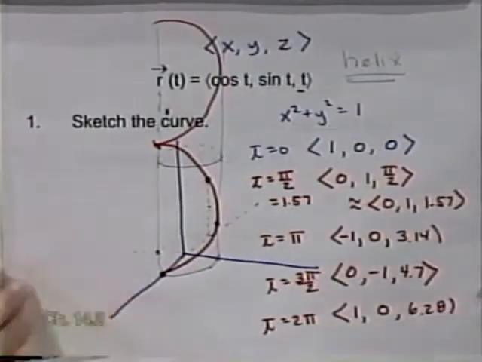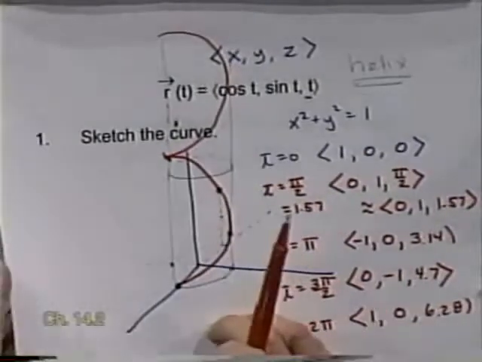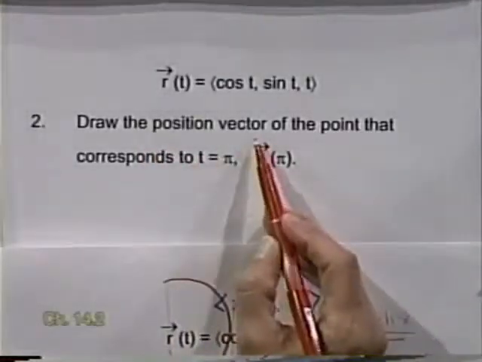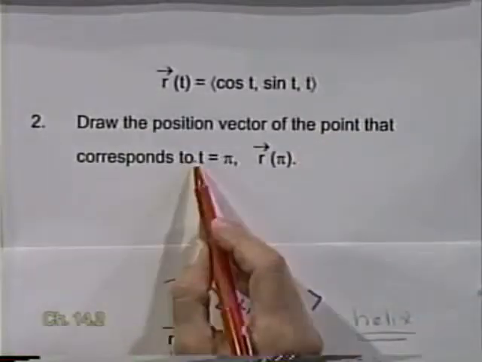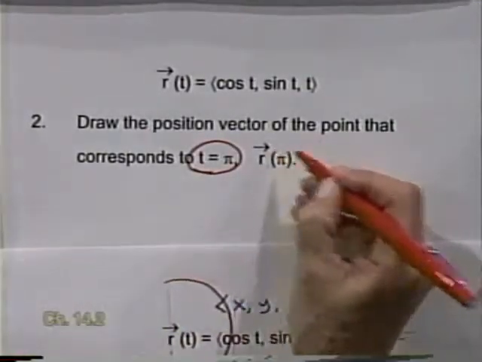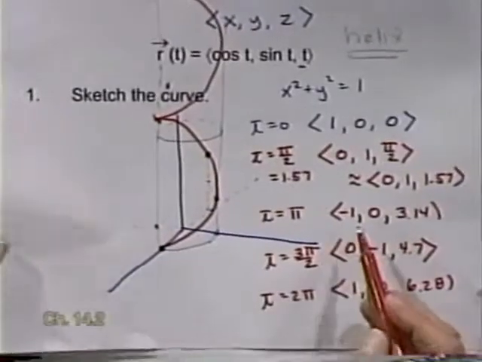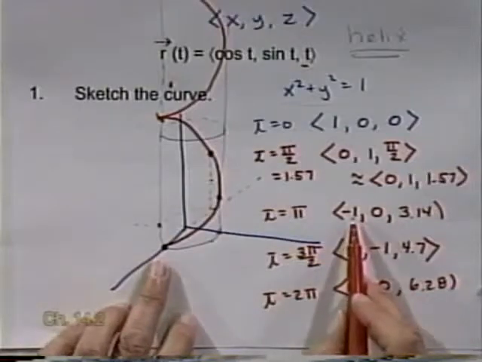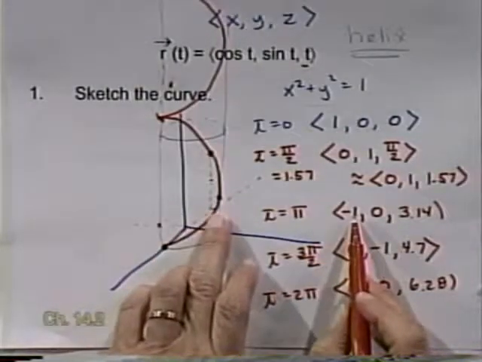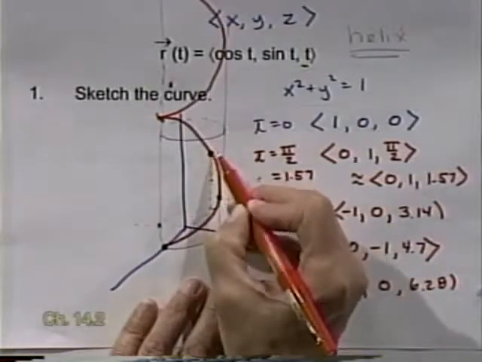Okay? Now, for part B, I just want to show you how we're going to fudge it a little bit. Draw the position vector of the point that corresponds to t equals pi, which is r of pi. Well, we figured out r of pi was x was -1, y was 0. Right here was r of pi.